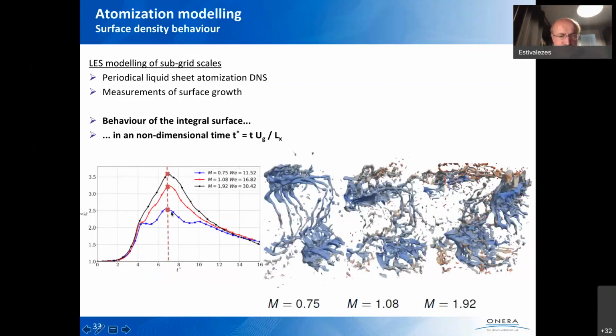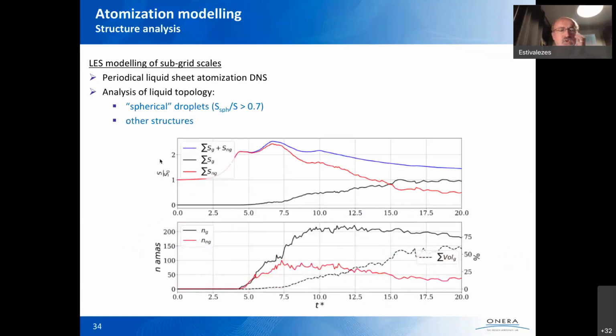Well, this again shows the same non-dimensional time. We also try to analyze the population of the different structures that are formed during atomization from ligaments.